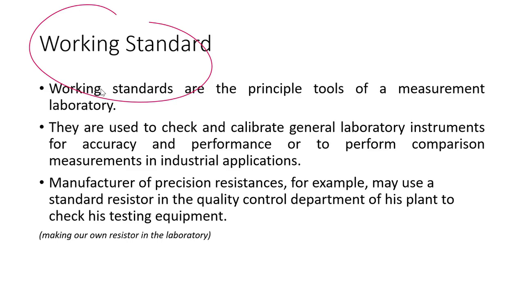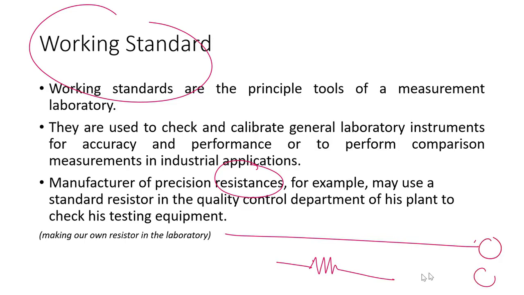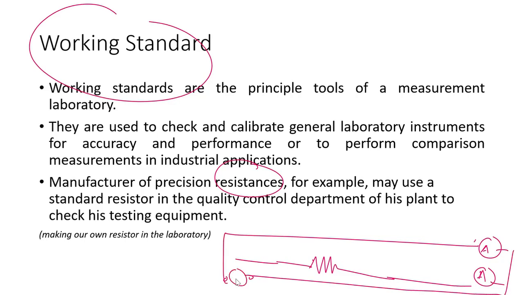So for example, we have some resistance in our lab, and we take a wire and compare it with that resistance and flow some current through both. So let's say we supply some voltage to it, some current to it, and then we check when this ammeter will give the same result as this one.